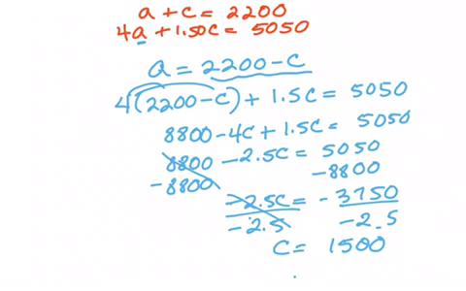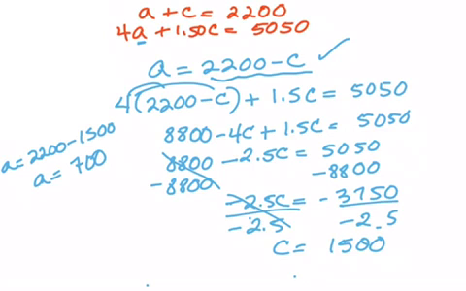Now I'm going to go back in the equation to solve for A. Let me just do it over here so we have all our stuff. A, see what A equals up here? A equals 2,200 minus C. So A equals 2,200 minus 1,500, and A is going to equal 700.